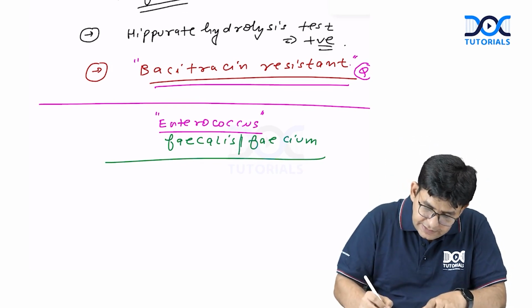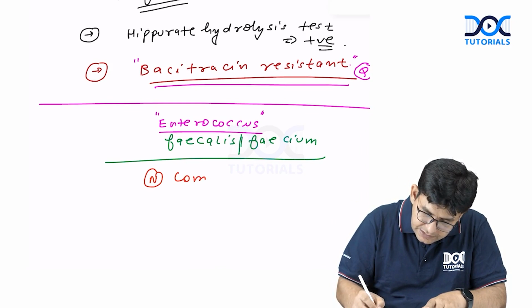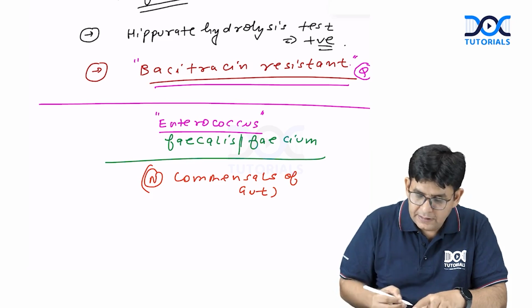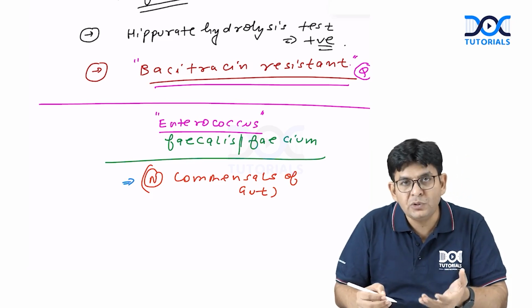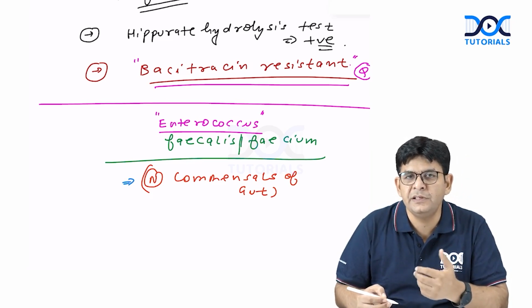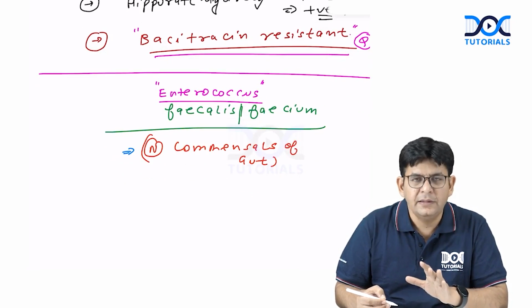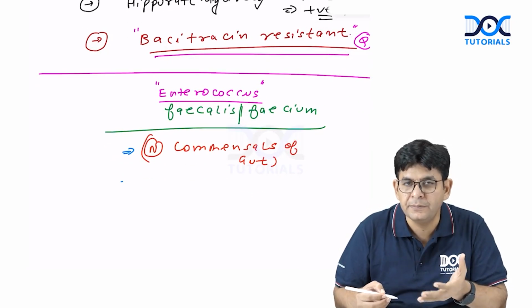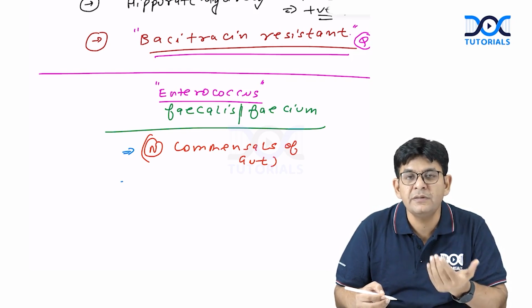As such, they are the normal commensals of our gut. Even you and me are holding Enterococcus faecalis and faecium in our gut. But as such, they don't do much to us. But whenever they get a chance to affect us, they cause severe infections.